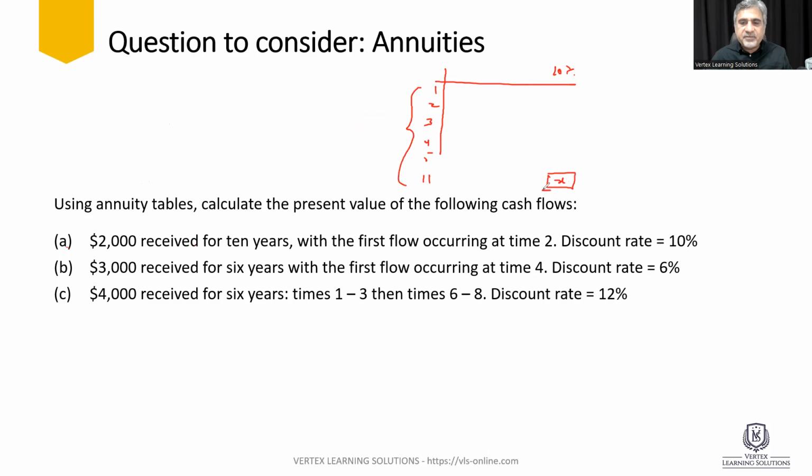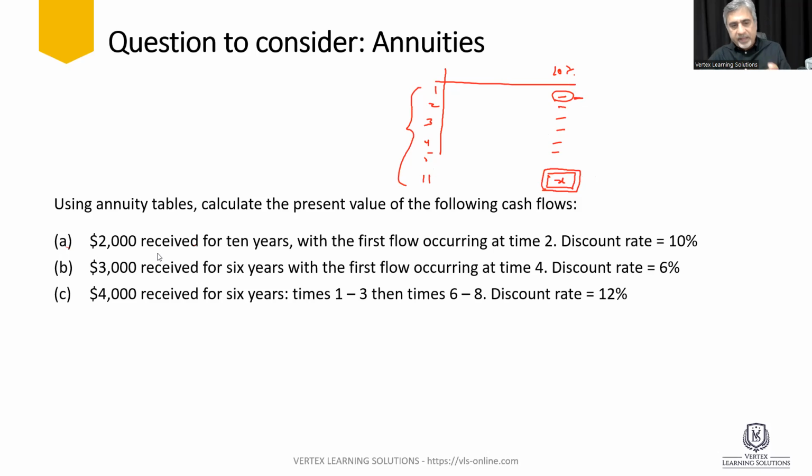The annuity factor which you find in year number 11 is actually a sum total of the discount factors of the first 11 years. But we don't need 11. We actually need 10. Which one is missing? This one is missing. So you need to take this number and then minus this one. Let me show you how it should be done, okay?